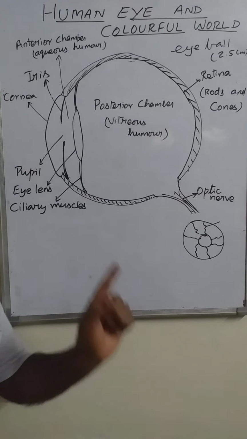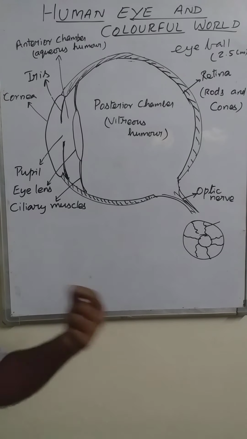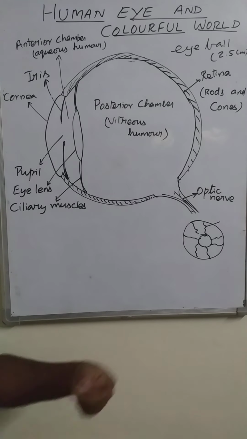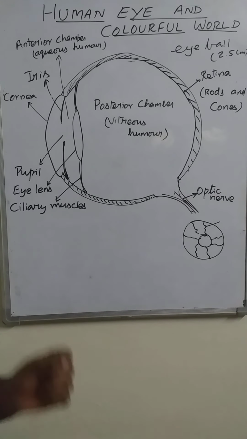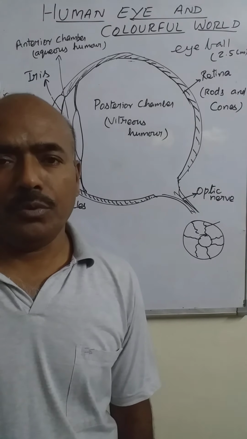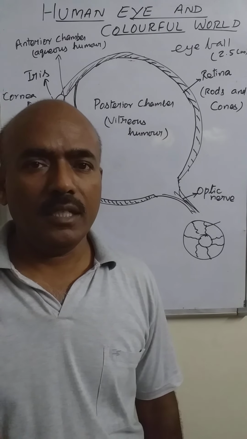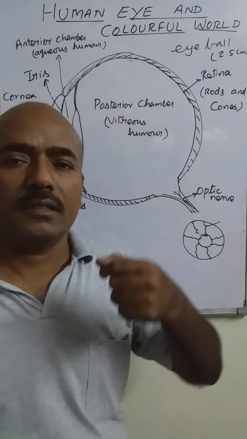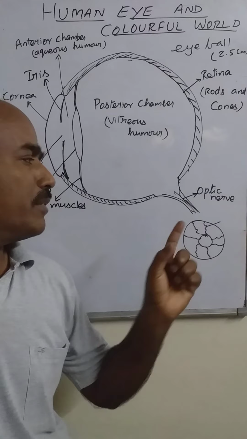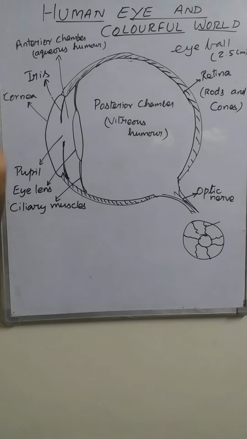The iris is also made up of tissues which are able to change their length. Why should they change their length? That we will discuss later. The iris, you can see in your eye also. When you stand in front of the mirror and see your eye, you can find the fibers extending from the circumference of the cornea. Those fibers are known as the iris.